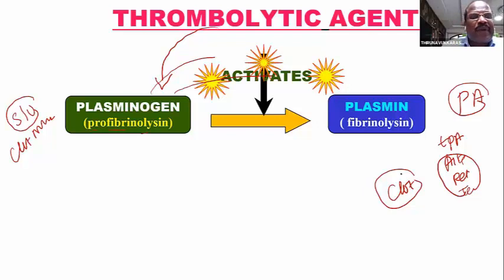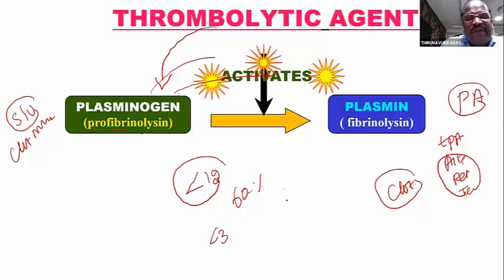Another point, as sir mentioned, if you do thrombolysis within 12 hours of admission, there is a very good response. Actually, thrombolysis within 3 hours reduces mortality by more than 60%, and within 12 hours by about 50%. So as early as possible, try to do thrombolytic therapy.